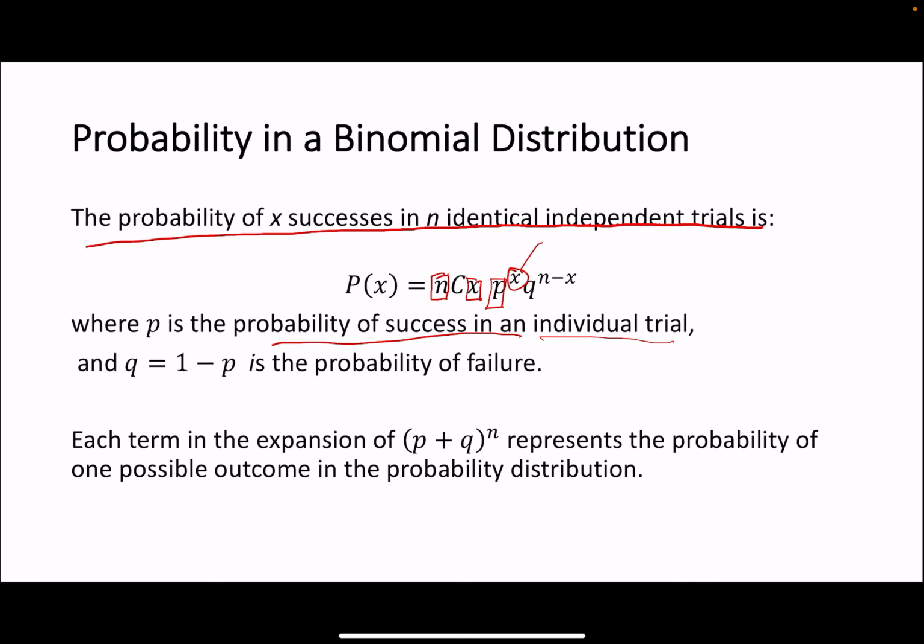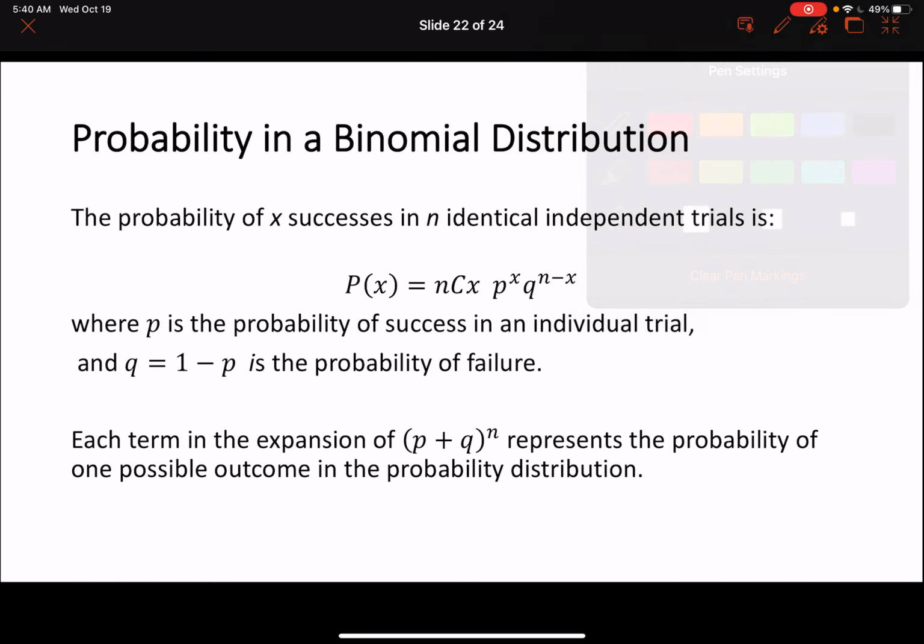Q is defined as 1 minus p, the probability of failure, not a success. And N minus X is just the remaining trials, the number of failures. If it's not a success, it's a failure. Therefore, the total minus successes equals failures. And that's pretty much it.